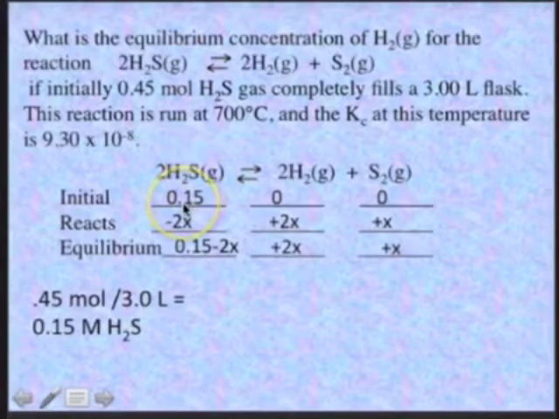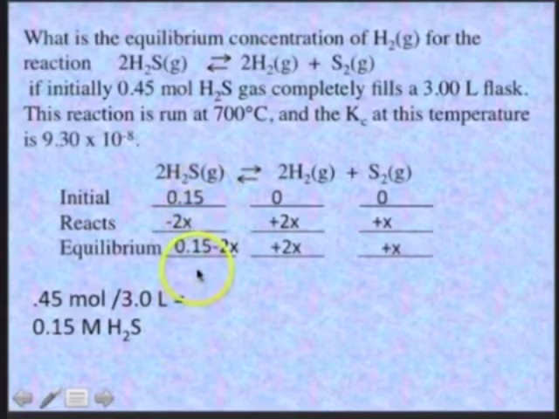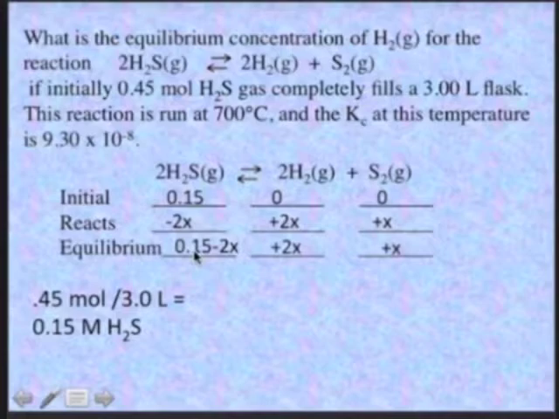In other words, you have 0.15, and of that, 2X reacts or diminishes that concentration. And when we're done at equilibrium, the molarity of the H2S is going to be 0.15 minus 2X.